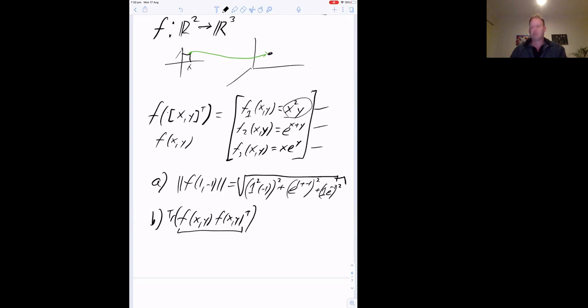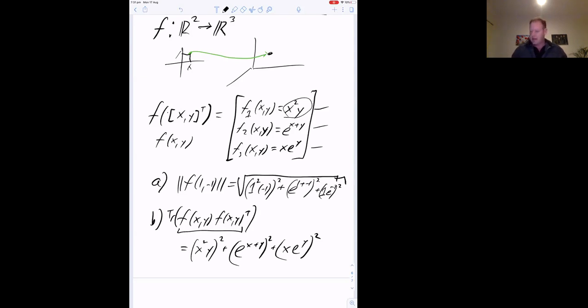It's an outer product, right? So it's a 3 by 3 matrix. You don't even need to write out this outer product. The trace is going to be x squared y, squared, plus e to the power x plus y, squared, plus x times e to the y, squared. That's going to be the trace.